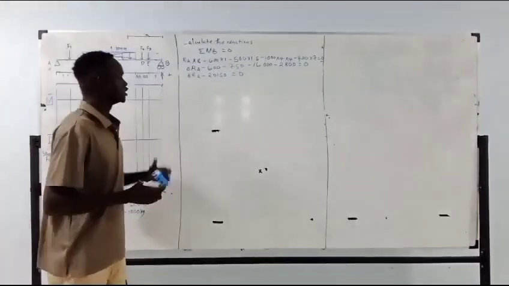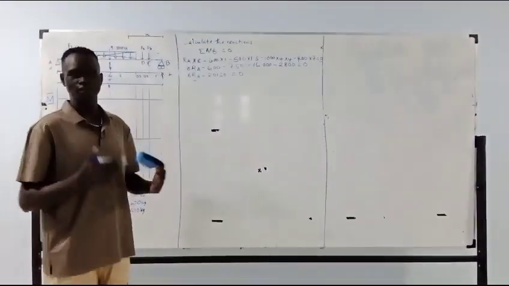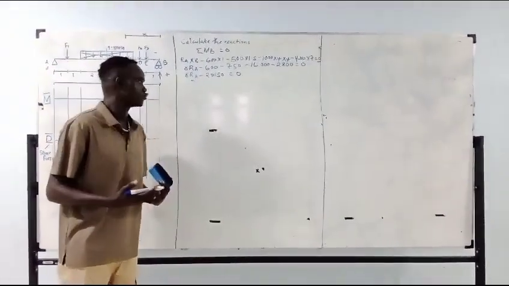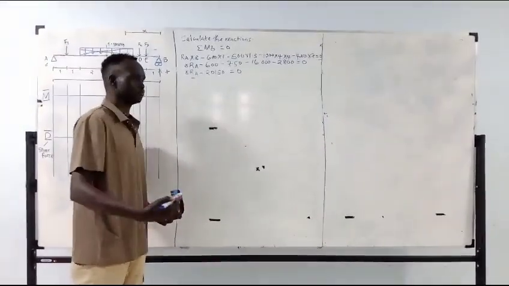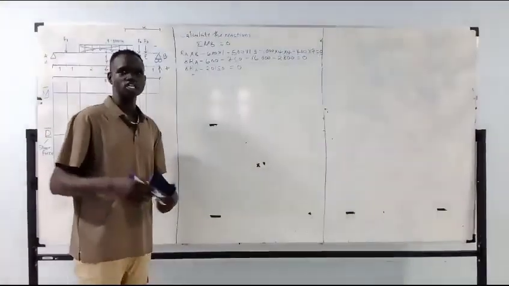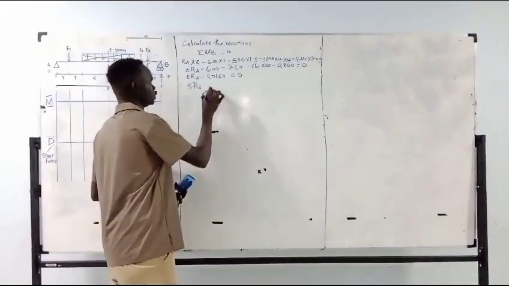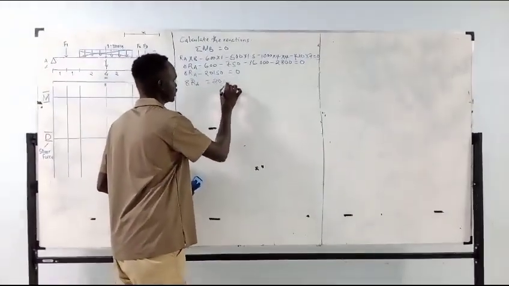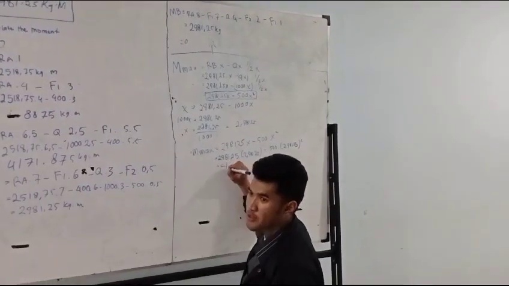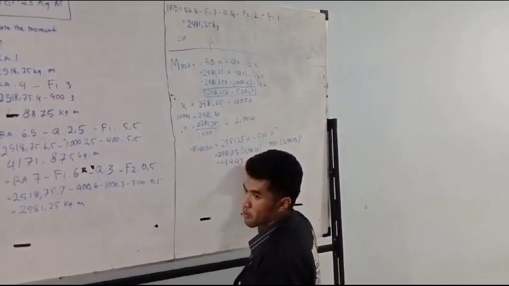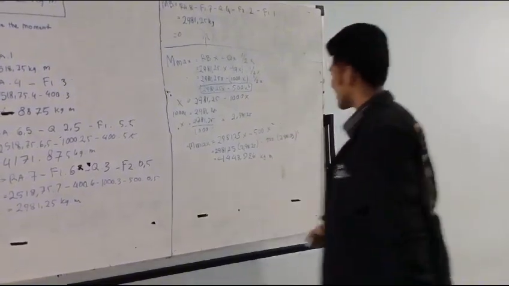Since we are looking for RA, we make RA the subject of the formula, moving this value to the other side of the equation. When a negative number crosses the equal sign, it becomes positive, so 8RA is equal to 20,150, which gives RA as 4,443.926 kg times meter.